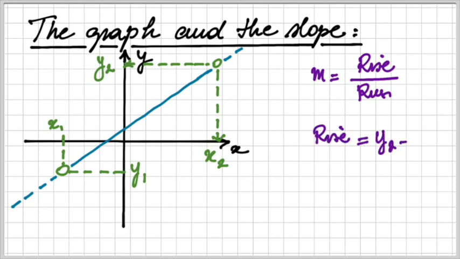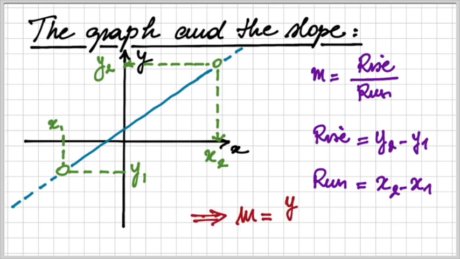The rise is the difference between the y values, y2 minus y1, and the run is the difference between the x coordinates on the horizontal line, x2 minus x1. So m, the slope, is given by (y2 - y1) divided by (x2 - x1).